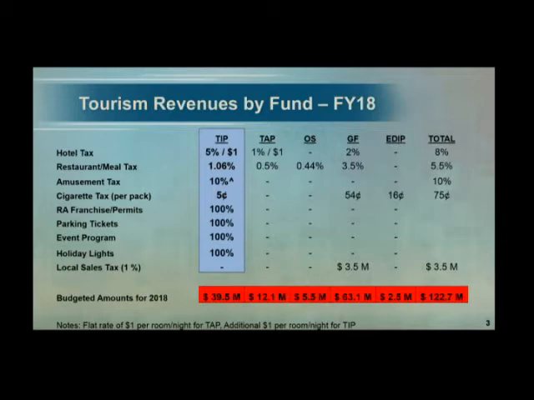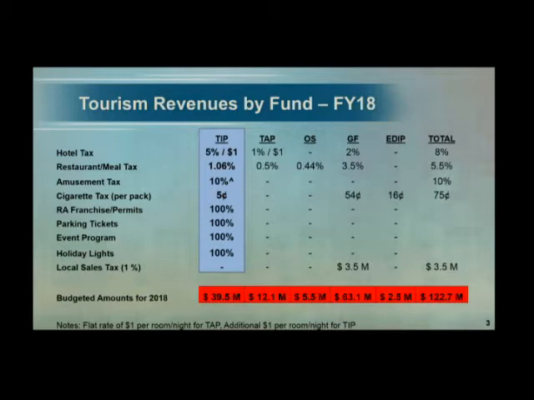In the light blue, I've shown the revenues that go into the TIP fund. We know 5% plus the dollar room night of the hotel tax, 1.06% of the restaurant meal tax, all of the amusement tax, whether that's 10% or 5%, 5 cents of the cigarette tax, and then of course resort area franchise and permits, parking tickets, event programs, holiday lights, and so forth.